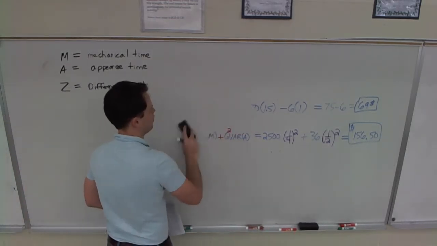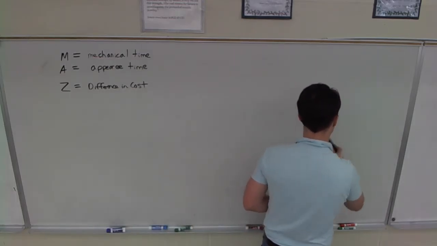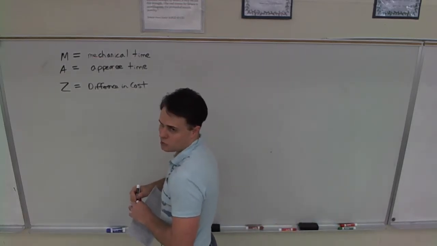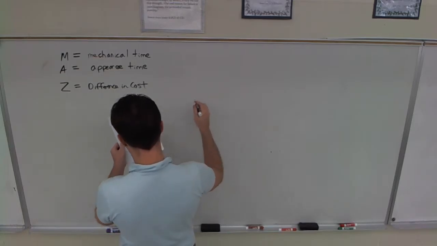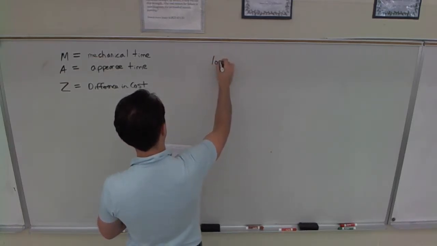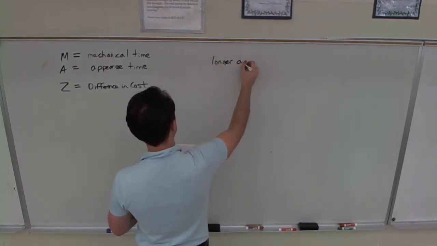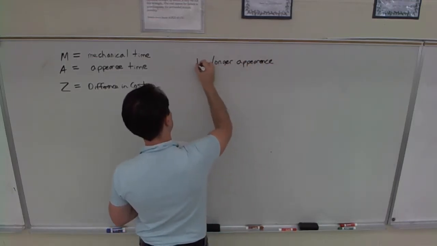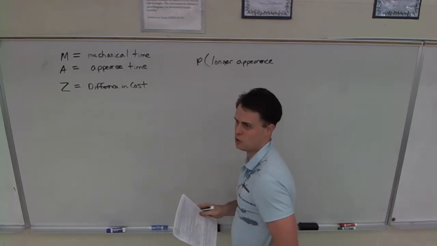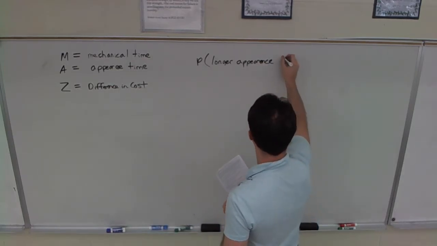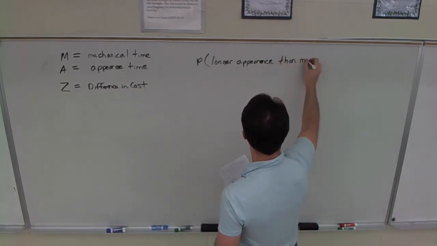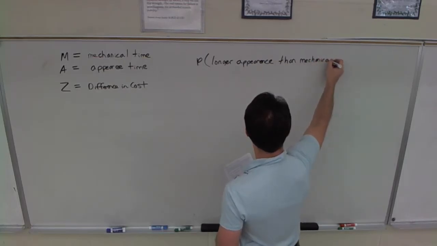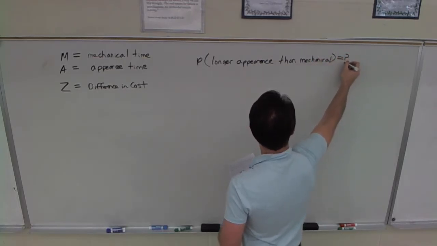So the question is, we need to translate. So I'm going to write that down. I think we've got all the info we need. That's what we did in 1, 2, and 3. So what's the probability it will take longer for appearance? You need to paraphrase this for yourself. Longer for appearance than mechanical. That's what we're trying to answer.